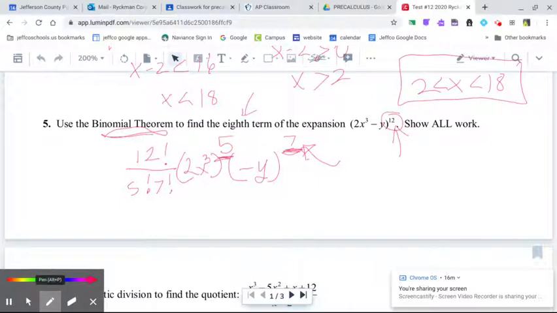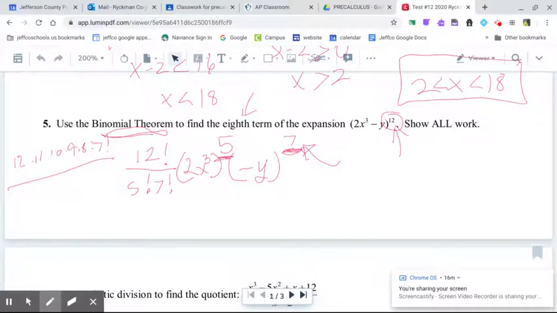if I have 12 times 11 times 10 times 9 times 8 times 7 factorial over 5, 4, 3, 2, 1, 7 factorial. The 7 factorials drop out. And let's talk some canceling here. So 4 and 3 cancel out of 12.